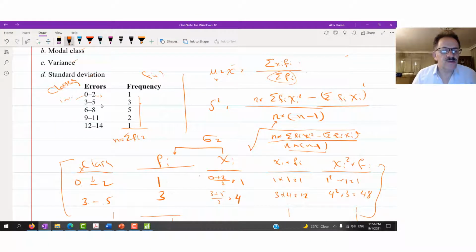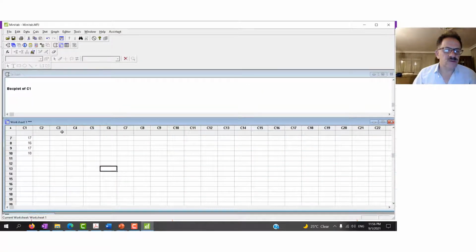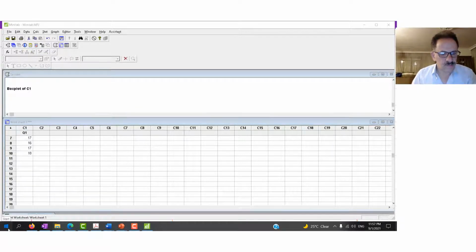You have first of all to enter these data. So we have from 0 to 3 to 5 in each column. So let me say this was for question 1.